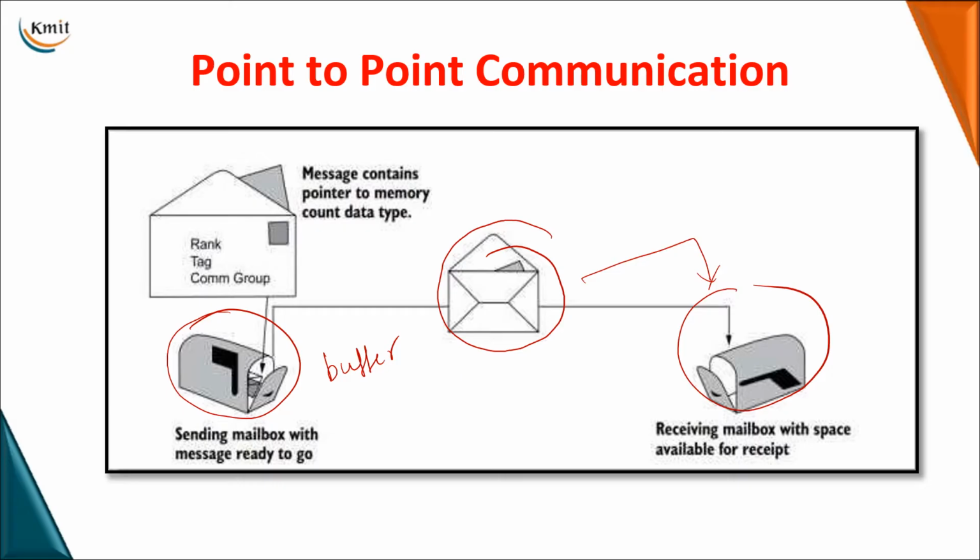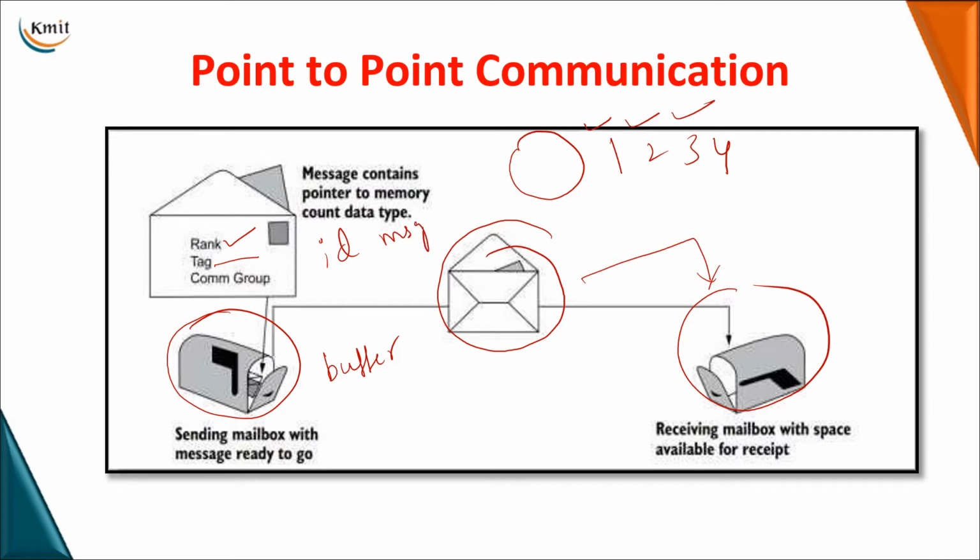When you see this message, we can even call it an envelope. We have three parameters for it. Rank indicates the ID of a process. Each process in the communication world will be given some number ranging from 0, 1, 2, 3, 4. So this is an ID to a process, which we call a rank. And tag is nothing but an ID given to a message.